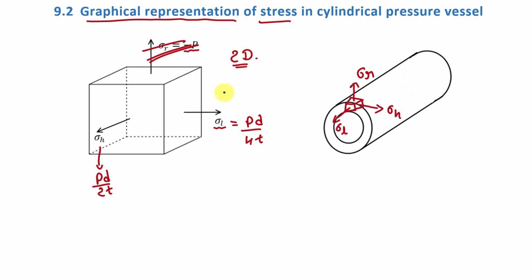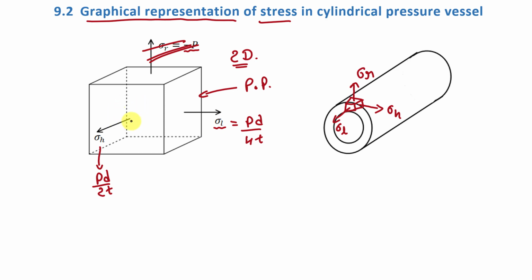Now understand that on this plane there is only normal stress acting. There is no shear stress on this plane. So we can say that this plane is a principal plane, because a principal plane is the plane on which no shear stress acts. We discussed that in chapter 7. So in this case, this longitudinal stress will be the principal stress.